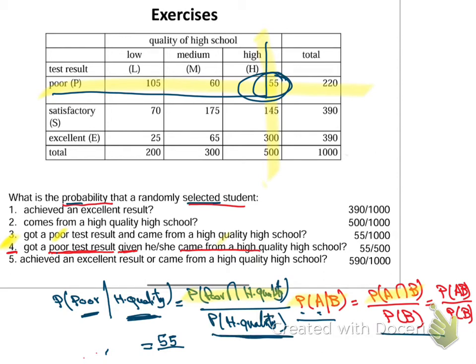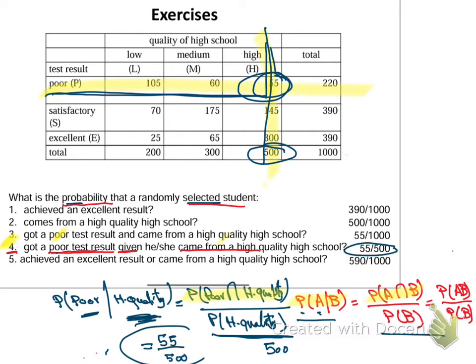What is the probability of high quality? This is the total number, it is 500. So I have the intersection of poor with high quality divided by the probability of having high quality. So it will be 55 divided by 500. And this is the answer.